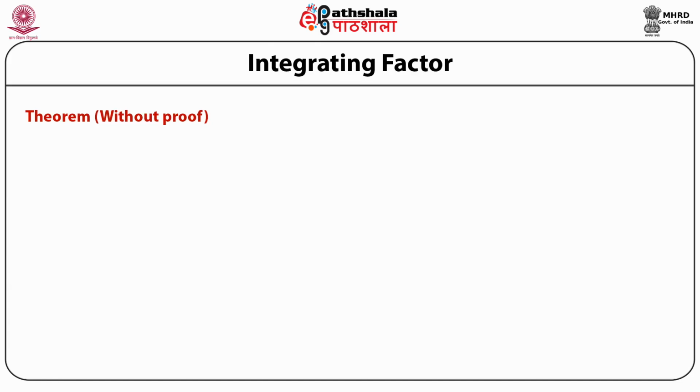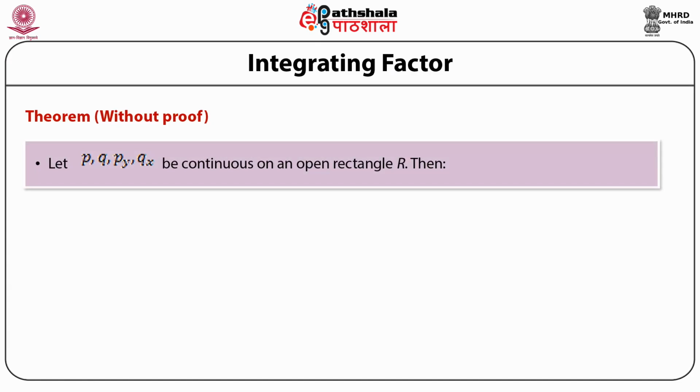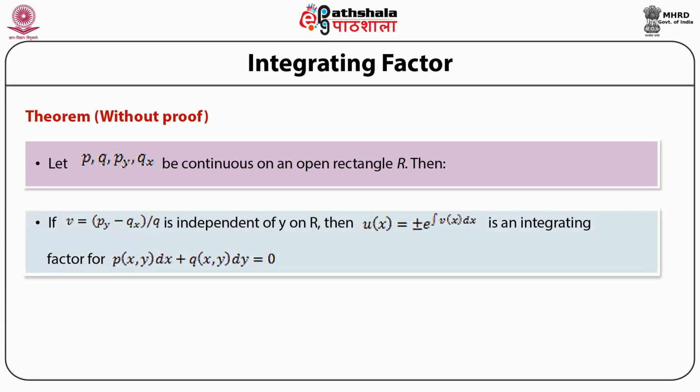The theorem is: let p, q, p_y, q_x be continuous on an open rectangle R. Then, if v is equal to (p_y minus q_x) divided by q is independent of y on R, then u of x is equal to plus or minus e raised to the power integral of v(x) dx is an integrating factor for the equation p of x,y dx plus q of x,y dy is equal to 0 on R.